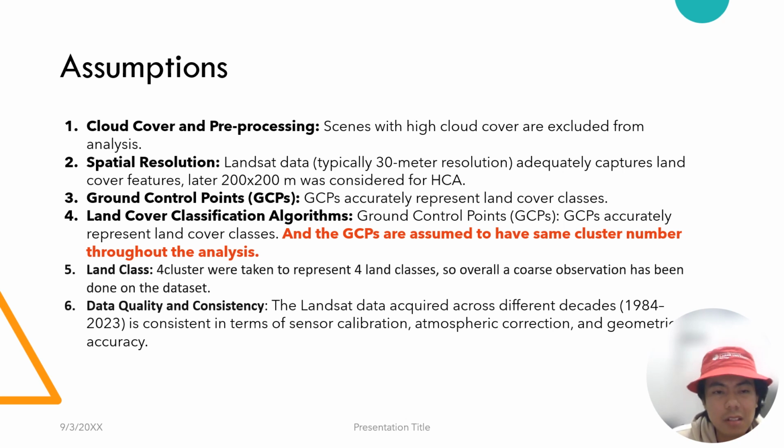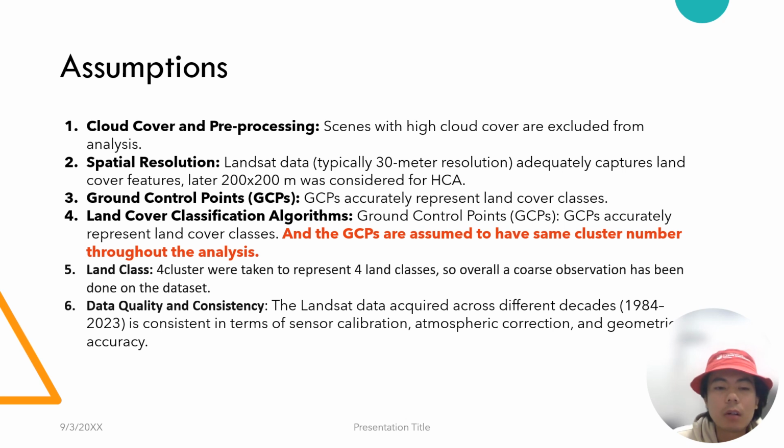As for the land cover classification algorithm, the GCP accurately represents the land cover classes, and we assume that the GCP has the same cluster number throughout the analysis. So let's say we have four clusters, 1, 2, 3, and 4, and we assume that throughout the time from 1984 to 2024, cluster 1 is consistently assigned as open water.